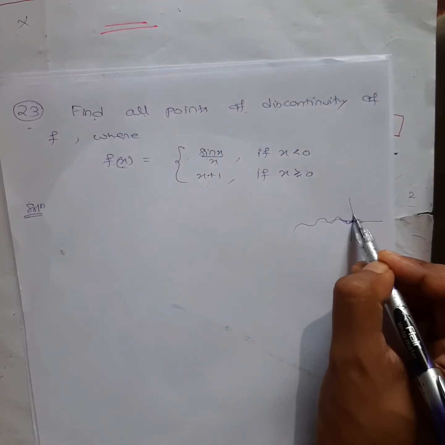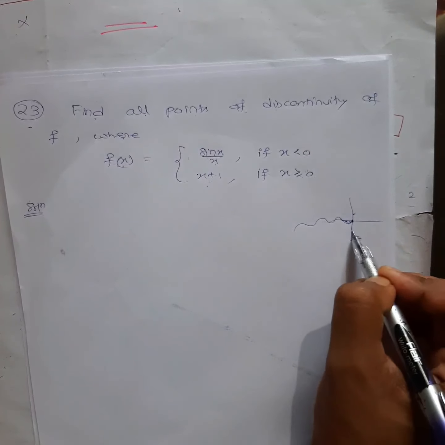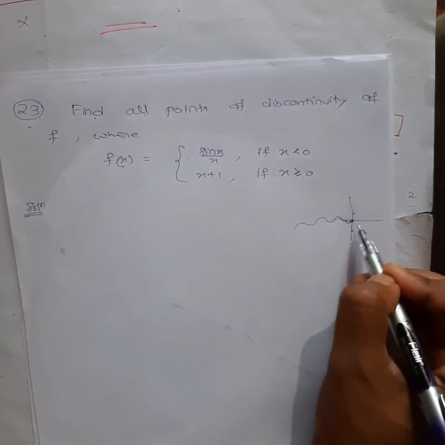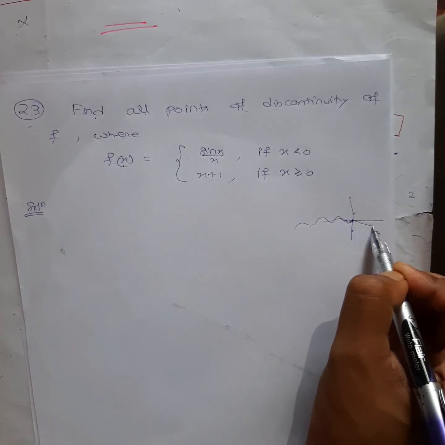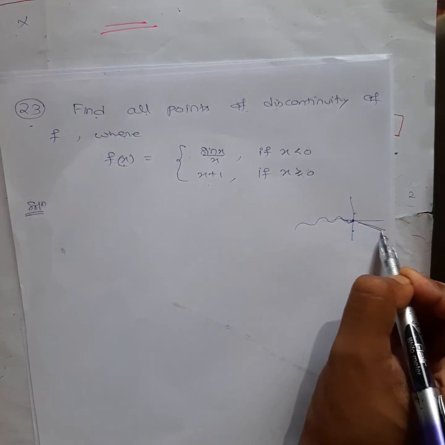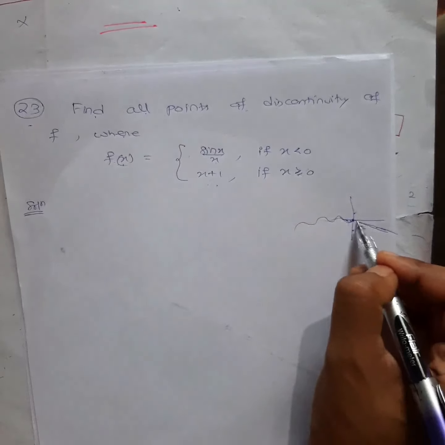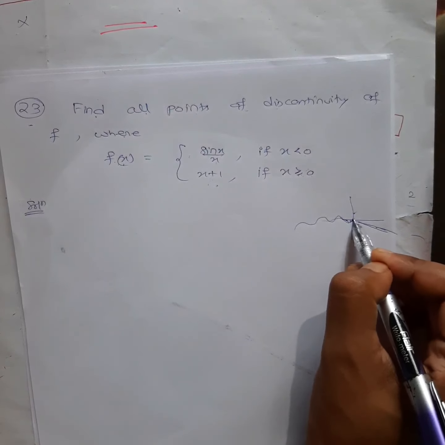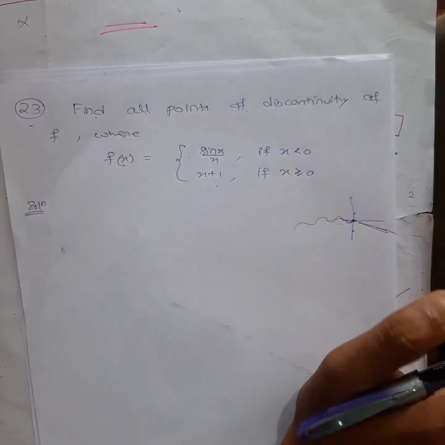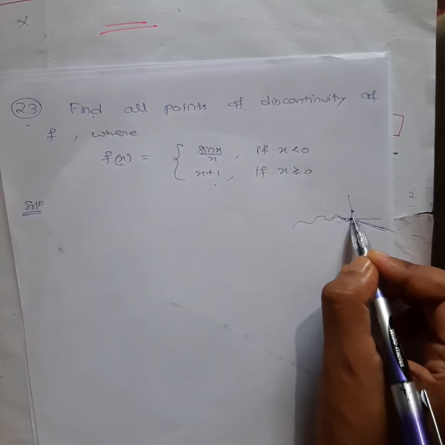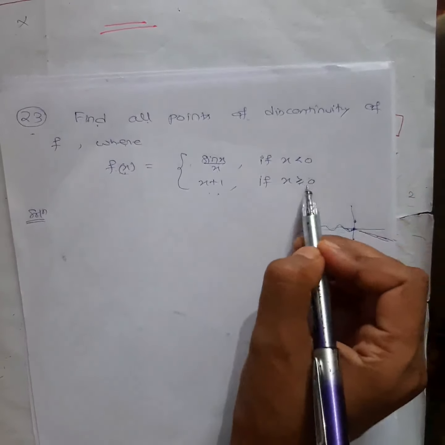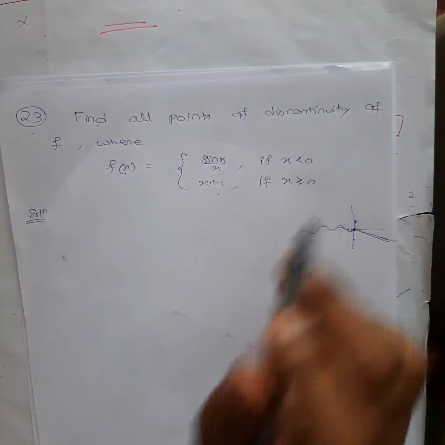Now this straight line might start from here, or here, or here. If it starts from here only, we know that after this it will not break, since it is a straight line. If it starts elsewhere, then you can see it will break at 0. So the chance of breaking the graph is at 0 only.